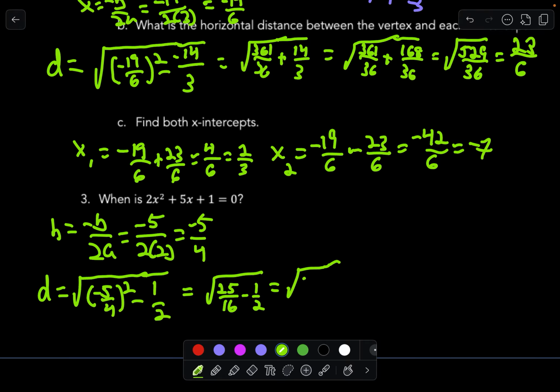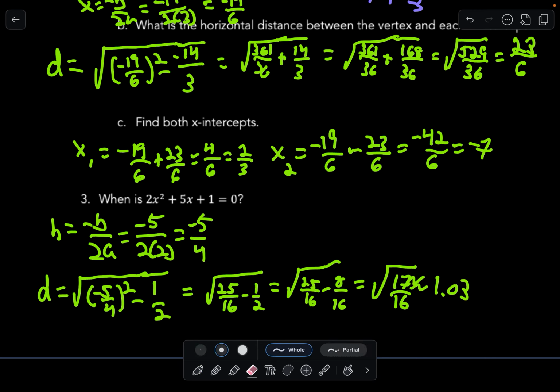So that's the square root of 25/16 minus 8 over 16, which gives us the square root of 17 over 16. And if you calculate that with a calculator, that's about 1.03.